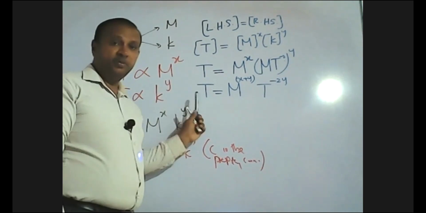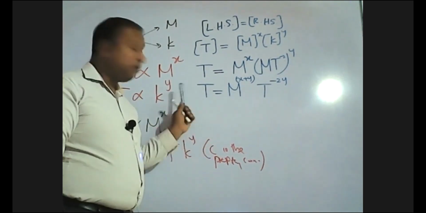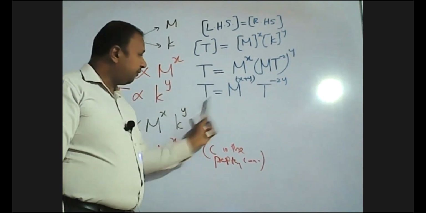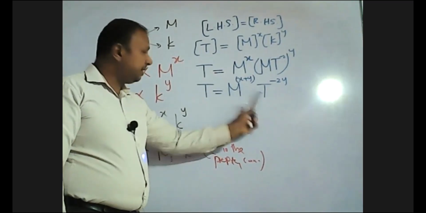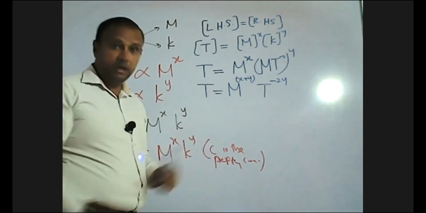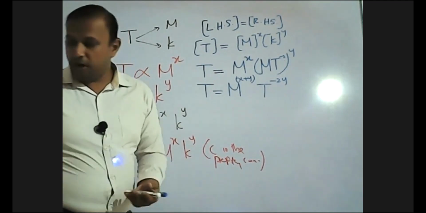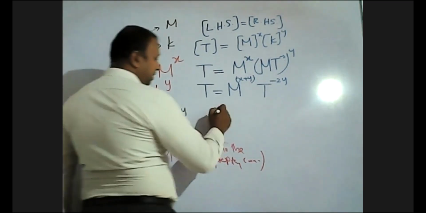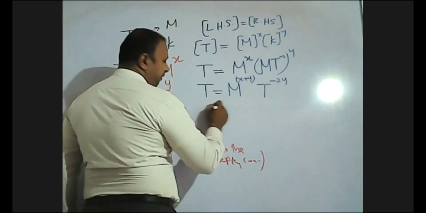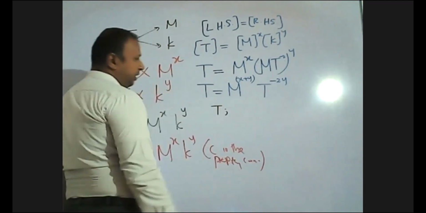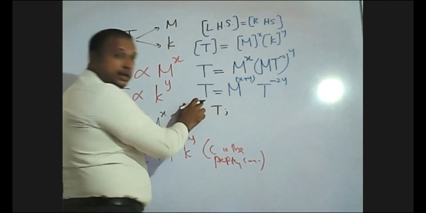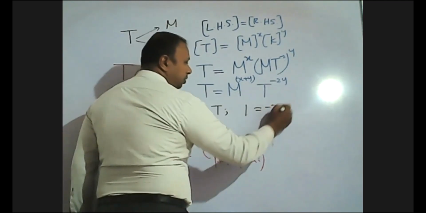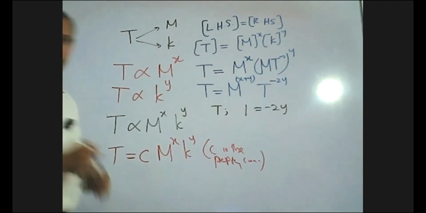Here, again, this is an equation, so both sides should have the same terms. Powers of the same bases should be equal, so I can equate powers of the same bases. If I equate the power of T, in LHS the power of T is 1, and in RHS the power of T is minus 2Y.